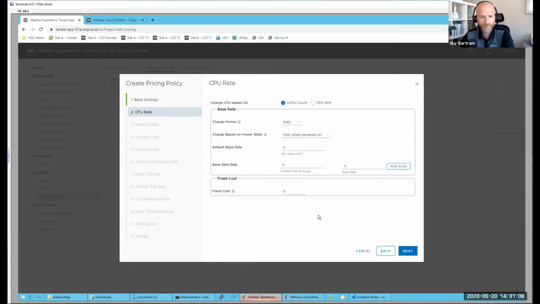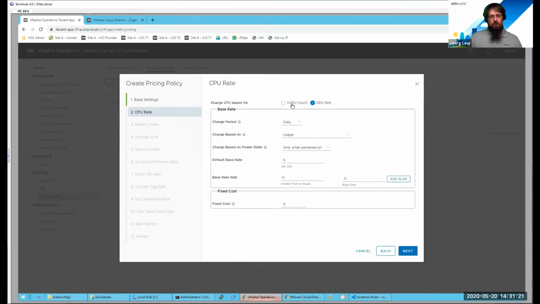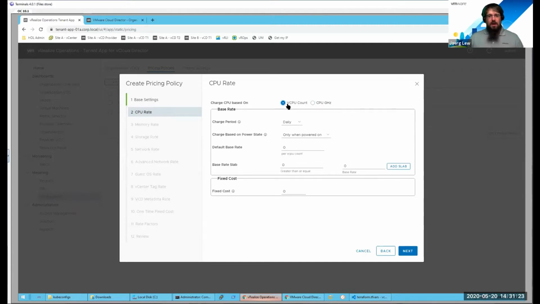Yeah, let me start with the basic settings that have been there forever in the Tenant App. First of all, you can select if you would rather charge per vCPU count or per actual usage of the gigahertz. And then you can change your period for hourly, daily, or monthly billing.